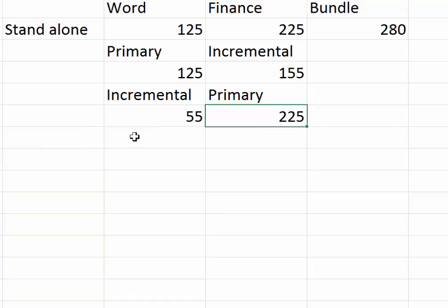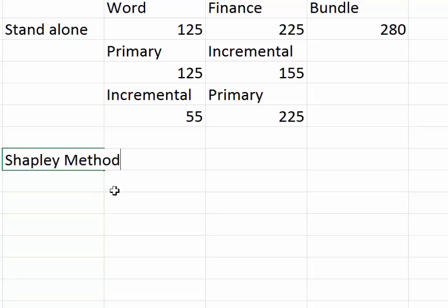If you have three products, then you have many permutations. But from the Shapley method perspective, we're going to look at the average of the primary and the incremental.